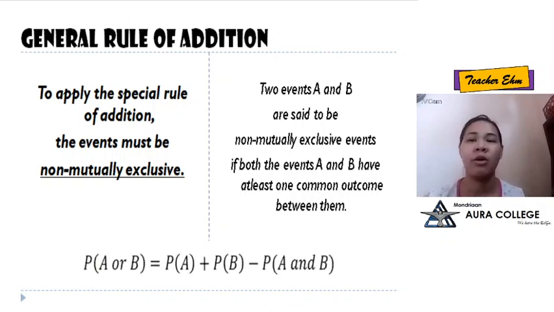The formula: probability of getting A or B is equal to probability of A plus probability of B minus probability of A and B. Para mas maunawaan natin, tignan natin ang example.